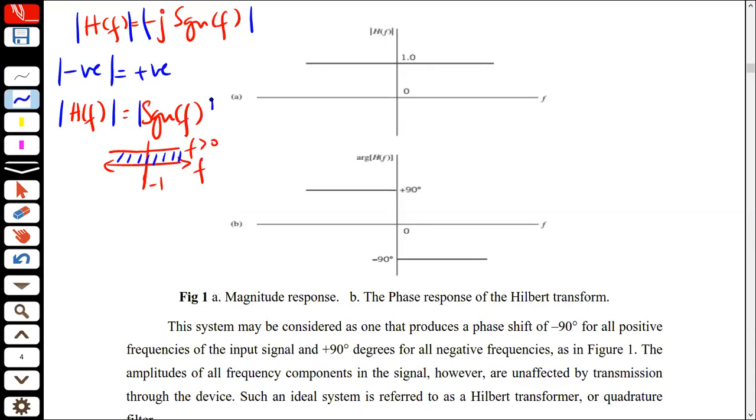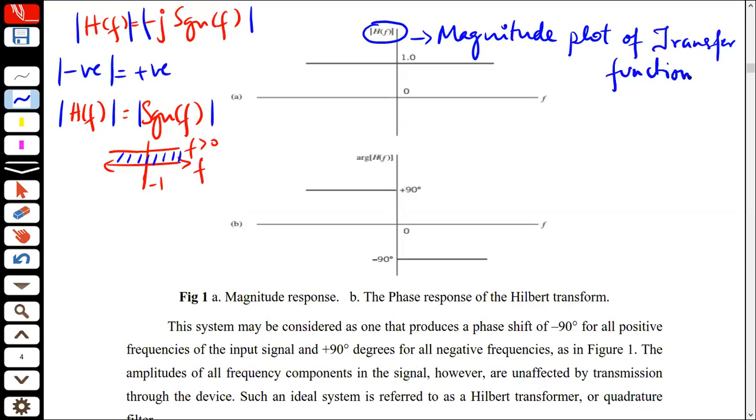This is what the modulus operation is doing. So this is modulus of H of f, which we can call the magnitude plot of the transfer function H of f.